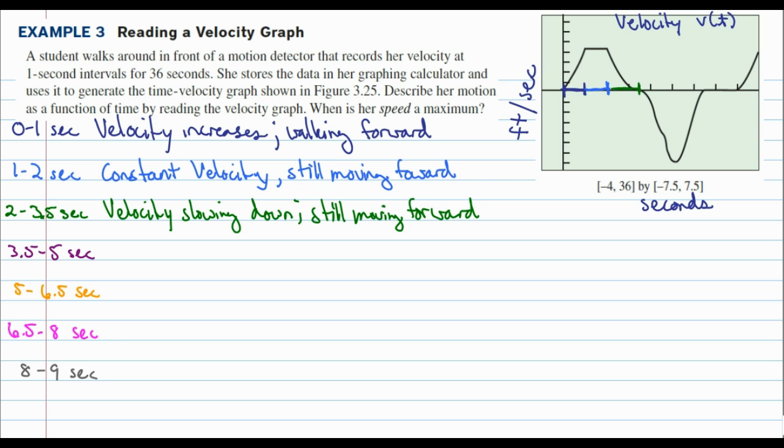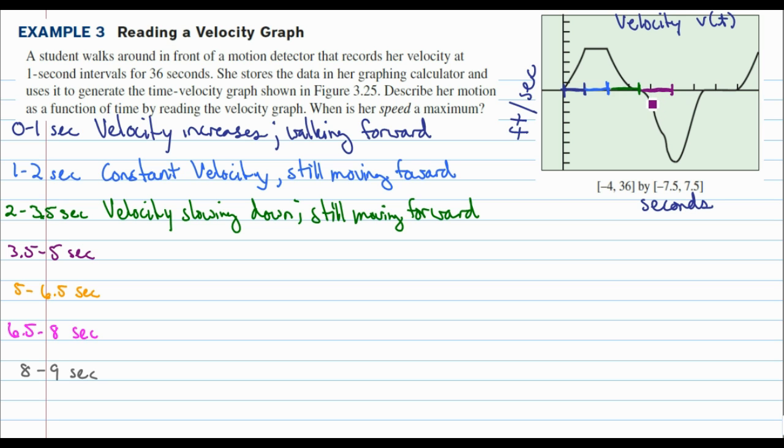You get the idea. Now the next piece of the graph where no significant changes take place is probably to this minimum. So I'm going to call that 3.5 to 5 seconds. Between 3.5 and 5 seconds, she has now changed direction. She's going backwards and she's getting faster.